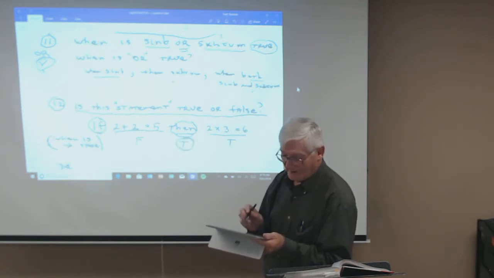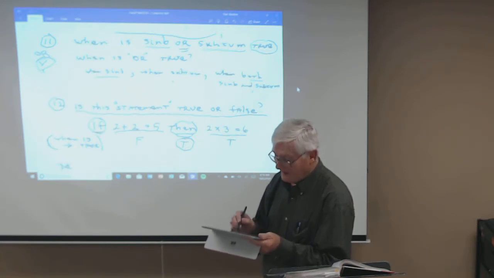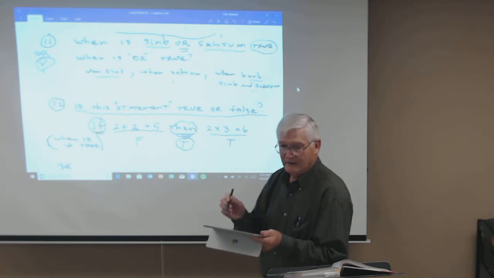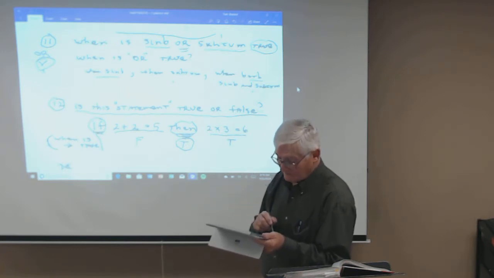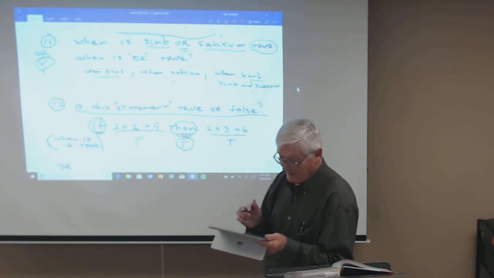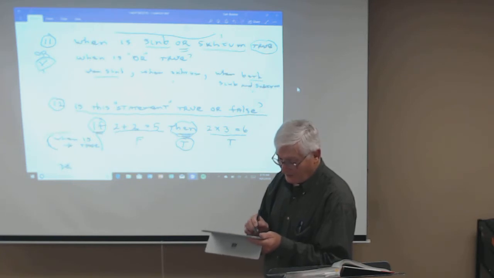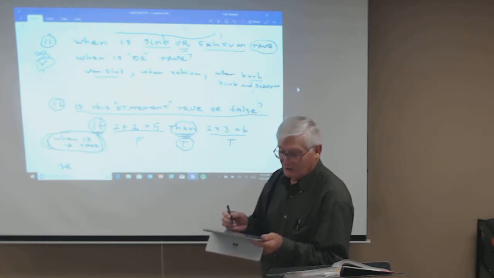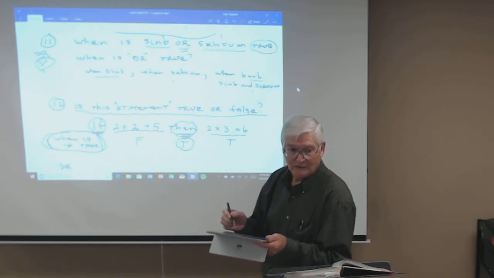It's a true statement because it's an if-then statement that satisfies the truth value for if-then. And the key to that is looking at your chart. When is if-then true? It's true when they're both true. It's also true when the first one's false and the second one's true. It's also true when the first one's false and the second one's false.